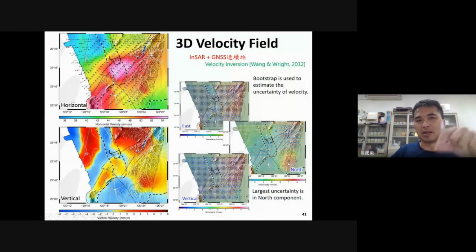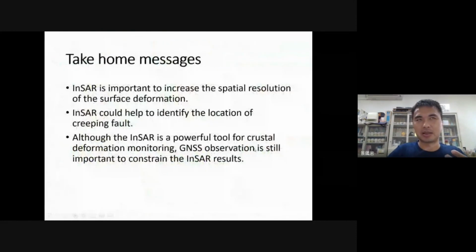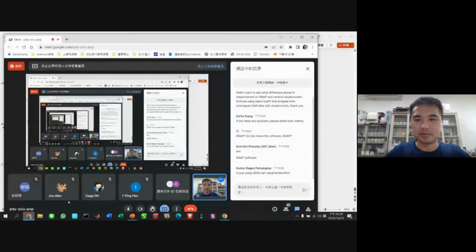Based on this test, we could know if we don't have a good constraint from the GNSS, then we may misunderstand the information provided by InSAR. Okay, thank you.